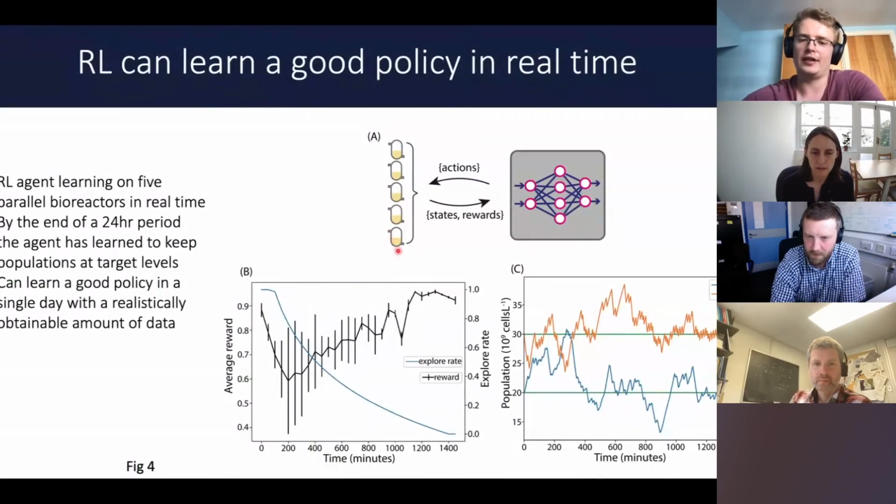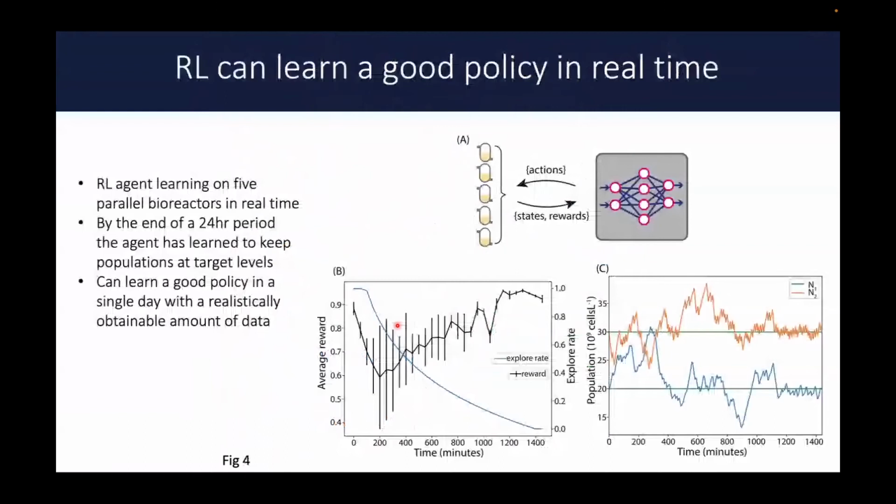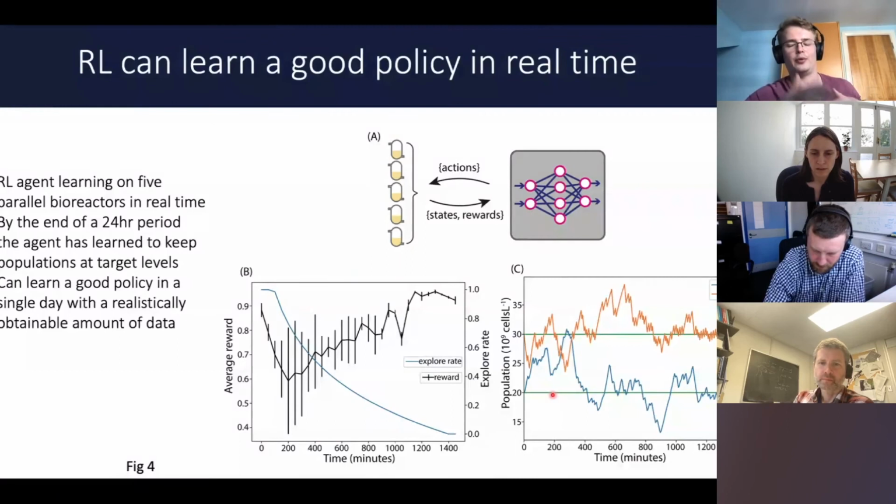It turns out that in this 24 hours, you can learn how to control the system. Maybe it's better to look at this first. Again, we have these target population levels, and we start the populations at the targets. At the beginning of the 24 hours, the populations just drift. This is one of the 5 bioreactors, just to clarify.